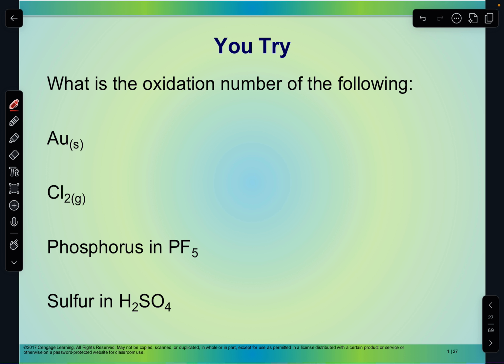Okay, so gold, Au, is by itself. There's no charge given, and so it's going to have an oxidation number of 0. Chlorine is by itself. This is going to be molecular chlorine.